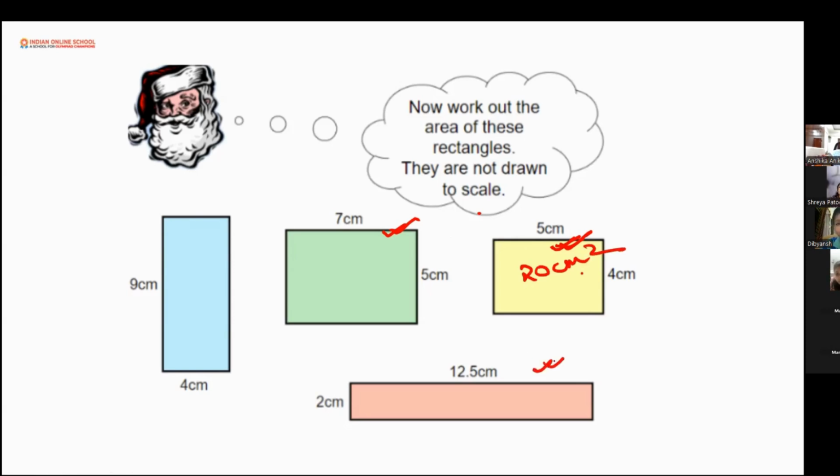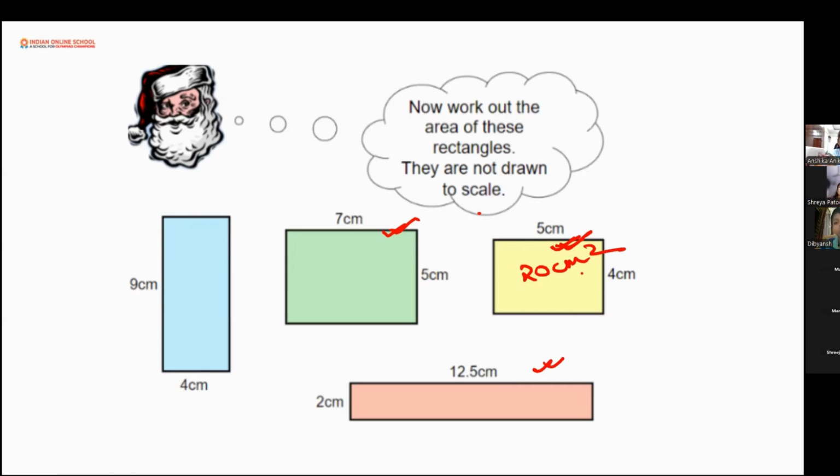The last one. Tanishka, please. Ma'am, 12.5 multiplied by 2.